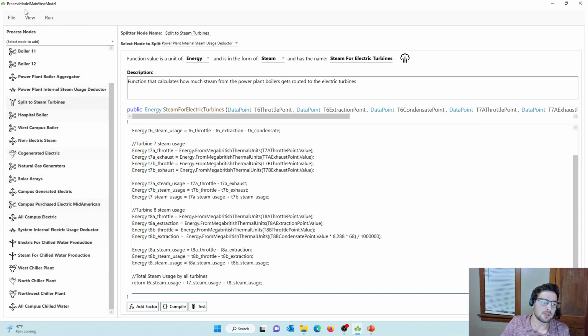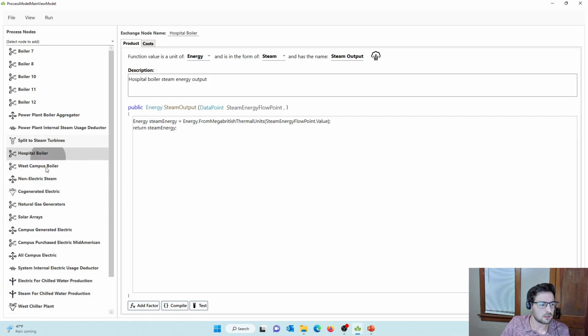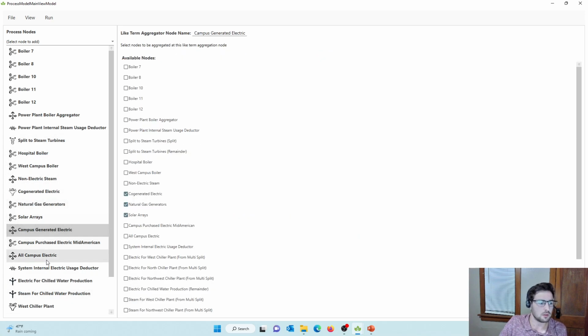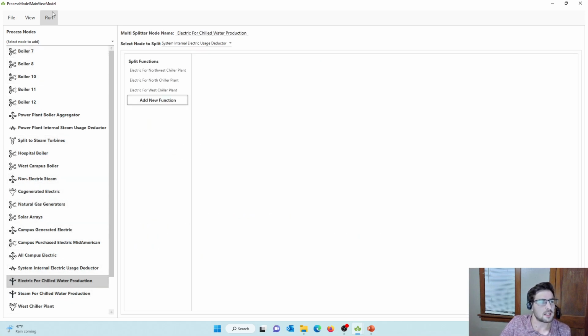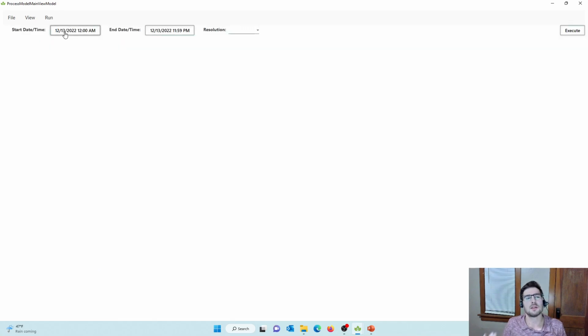Okay, so this is what the designer looks like here. We got all sorts of nodes that do various things, and what we can do now is execute our model. So we pick a start time and an end time, and within that start and end time, we can render our data at any resolution, really.